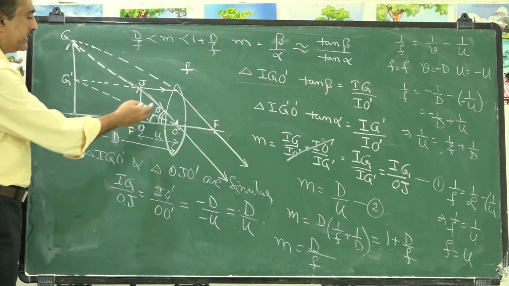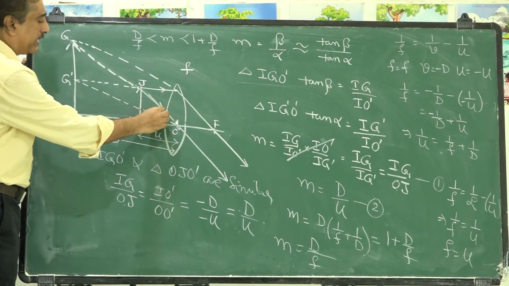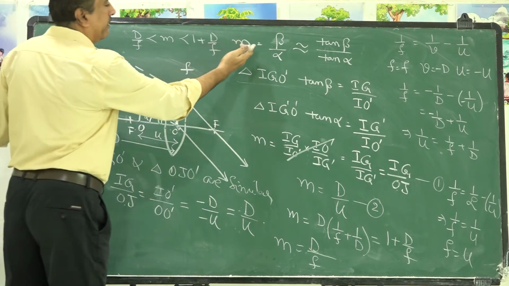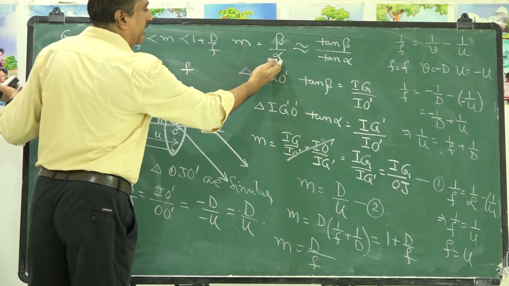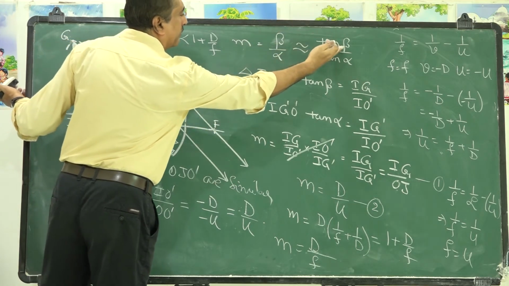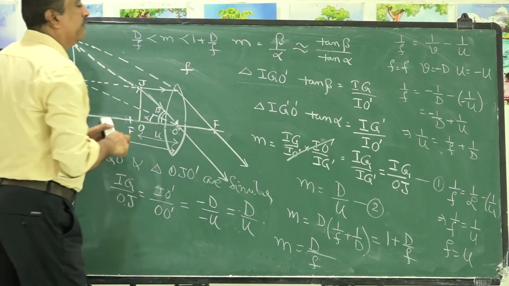If we consider those two angles as beta and alpha, then the magnifying power is given by beta by alpha, which is approximately equal to tan beta by tan alpha.